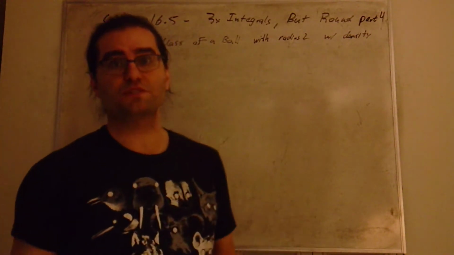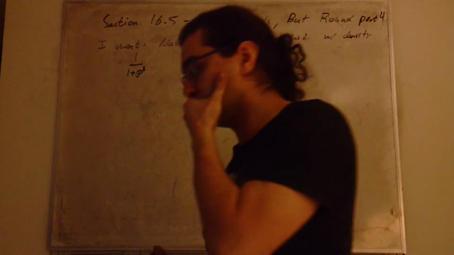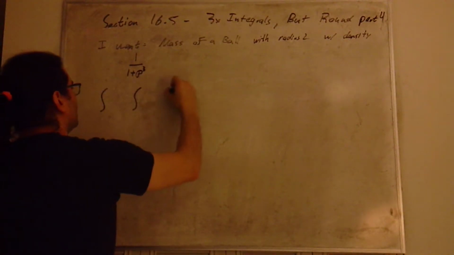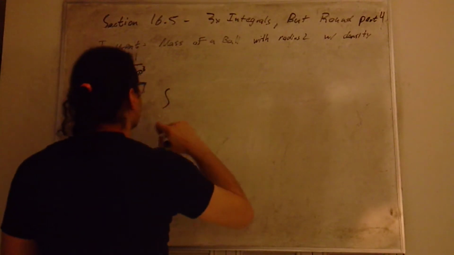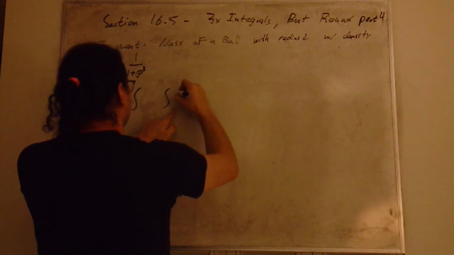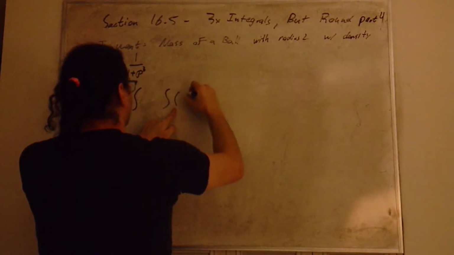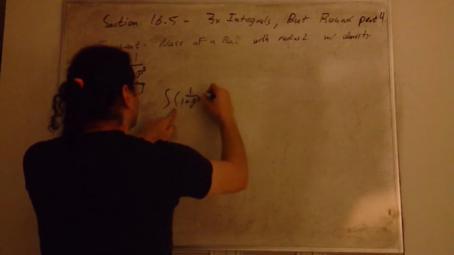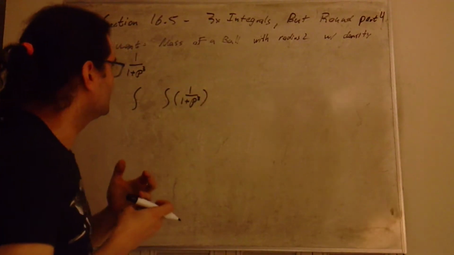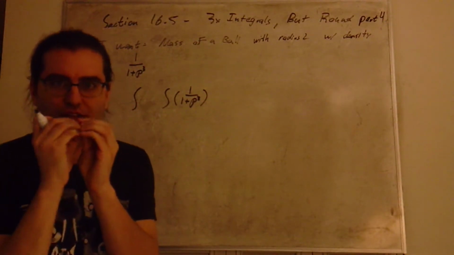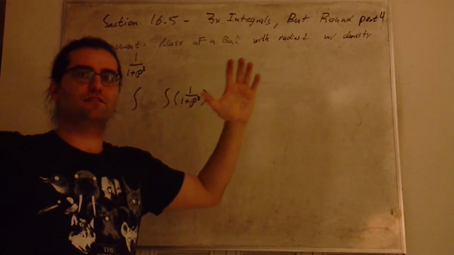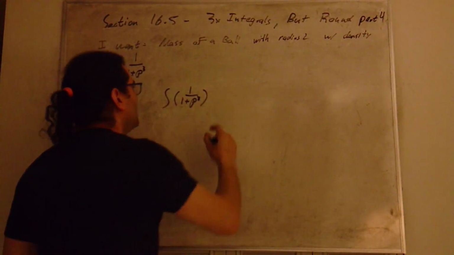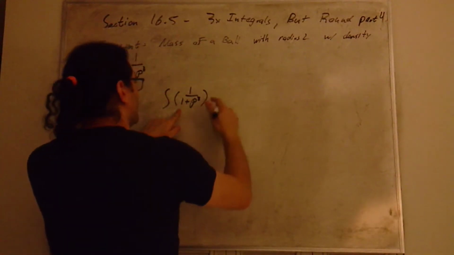So, once again, I need to set up this triple integral. The thing I'm actually integrating is this density function, 1 over 1 plus rho cubed. So this is something that is densest at the center and becomes less dense the further out you go. Uniformly less dense as you move away from this. This is the density function that I'm integrating.